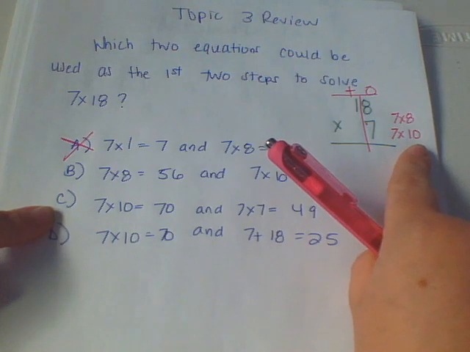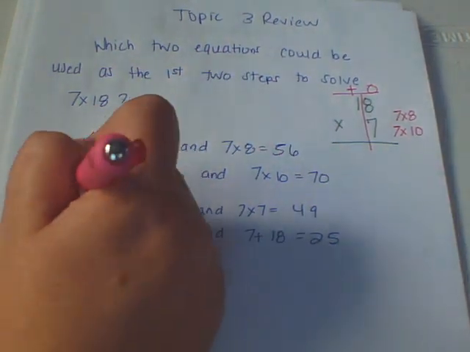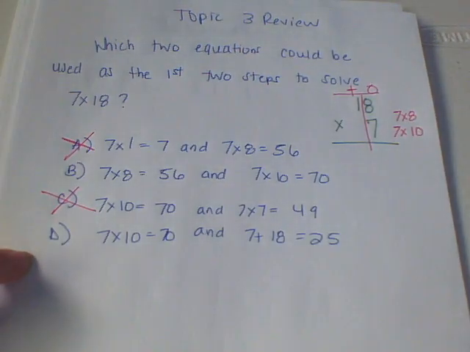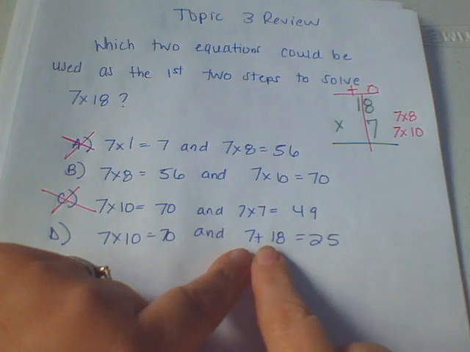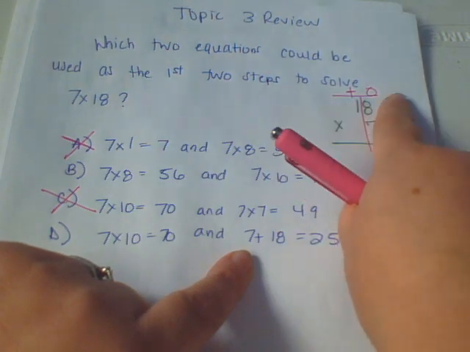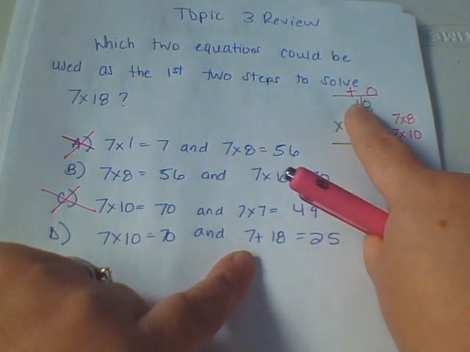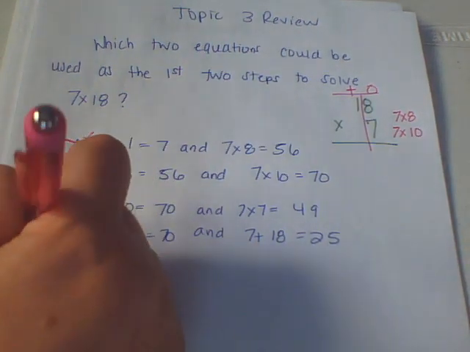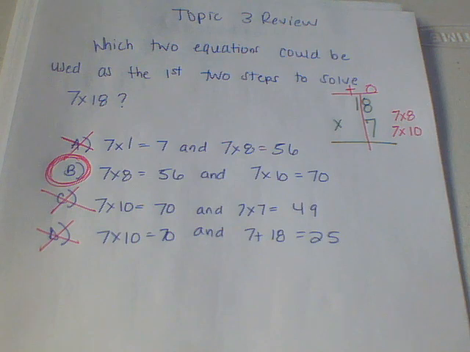I know I did that. 7 times 7. No, I did 7 times 8, so that won't work. 7 times 10. We know we did that. 7 plus 18. No, I didn't add, and I definitely don't have an 18. I have 8 ones and 1 ten, so that can't work. So we know that this is the best answer choice, the only answer choice.